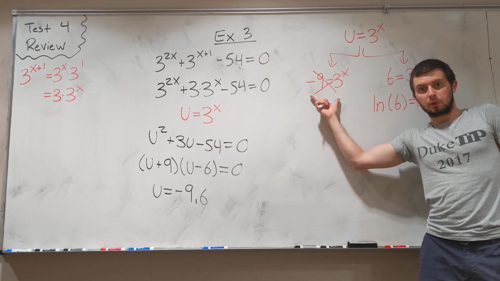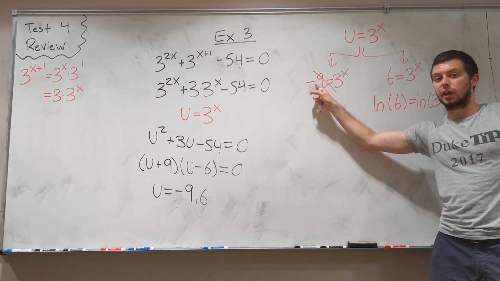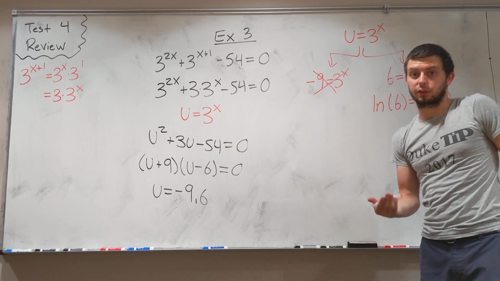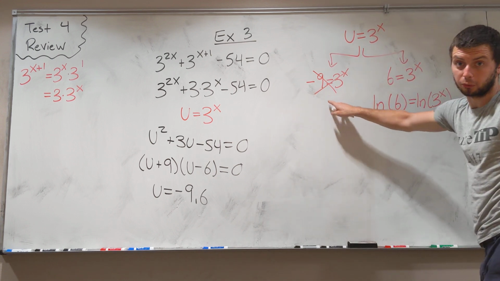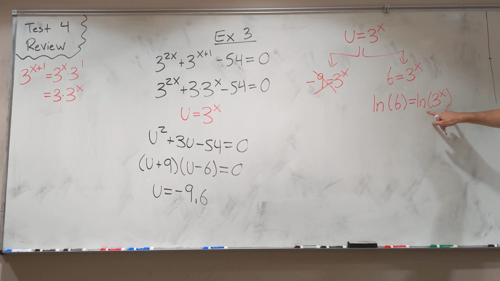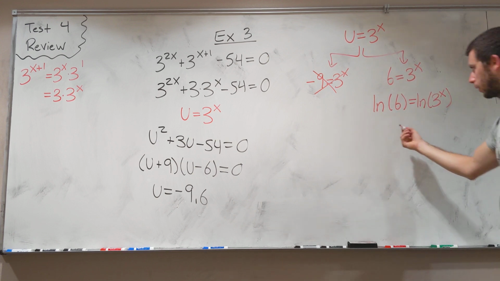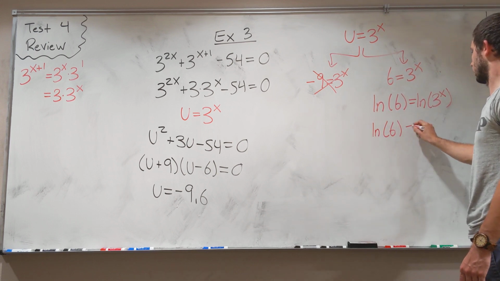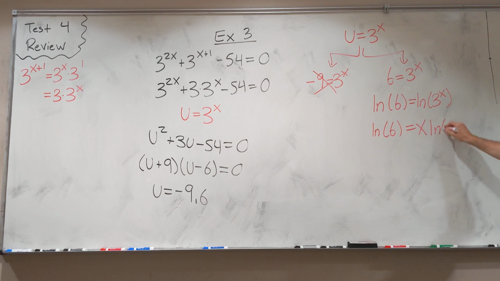Over for this problem, if you would have applied the natural log to the -9, that would give you a domain error. So that's something to keep in mind if you can't remember this rule. From here, the reason we did this is so we can bring the exponent to the front of the corresponding logarithm. That's the main reason why we do this.